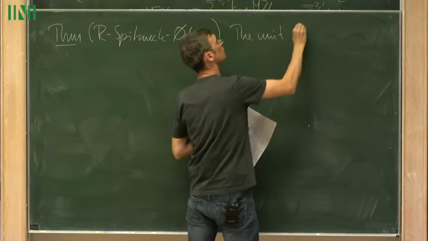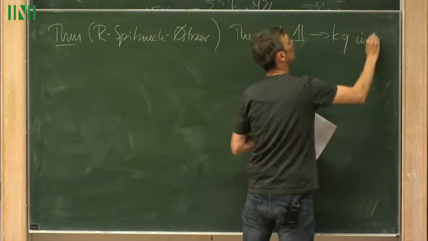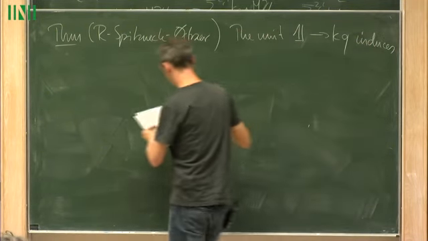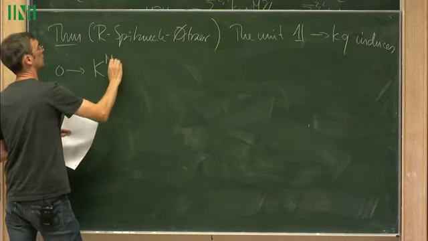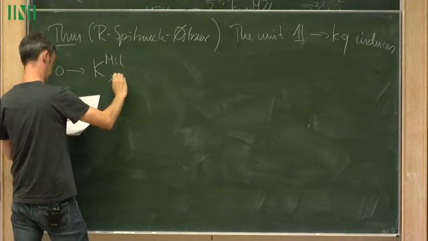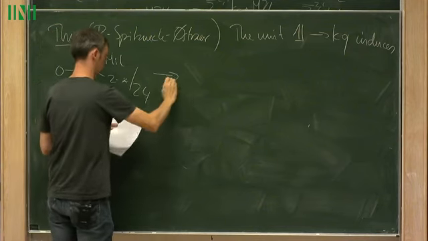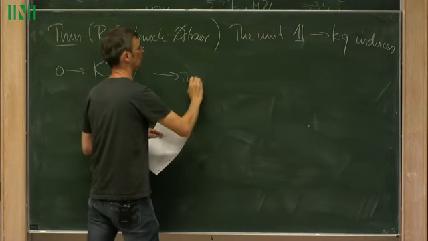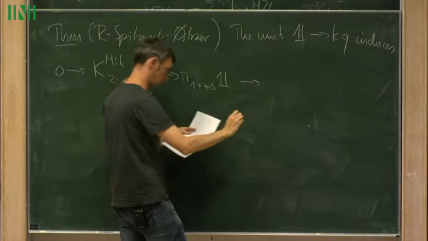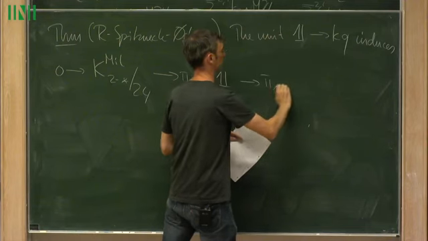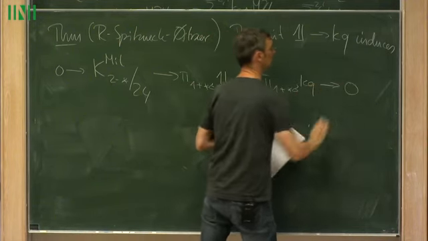You have this unit map from the sphere to little kq. This induces the following sequence. You have K Milnor star, no, 2 minus star, not 24. Then you have the first homotopy groups of motivic spheres, and then you have little kq.